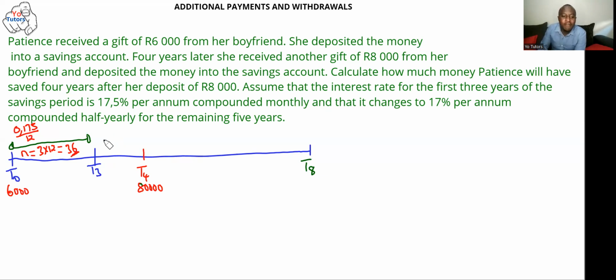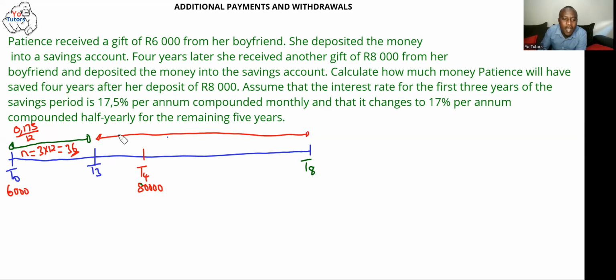But now, what about the remaining period? How many years are here? It's 5 years, the remaining 5 years. Here it's compounded quarterly.